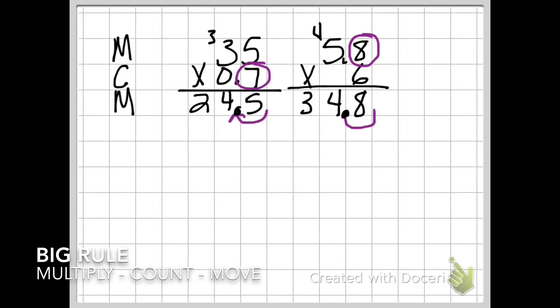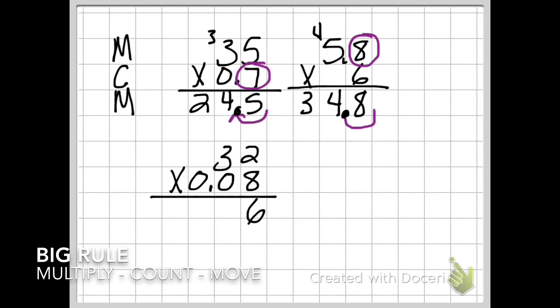So let's do 32 times 8/100. 2 times 8 is 16. Carry my 1. 8 times 3 is 24, plus 1 would be 25.